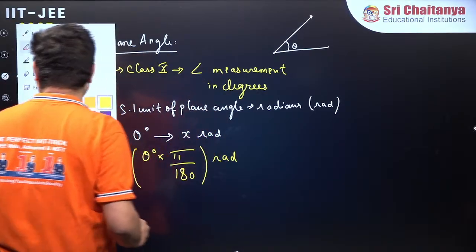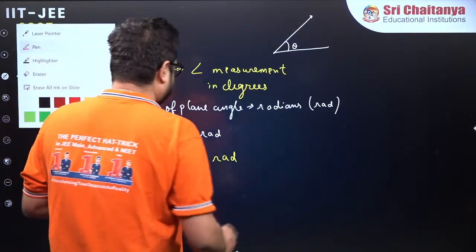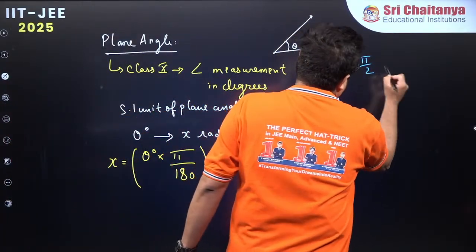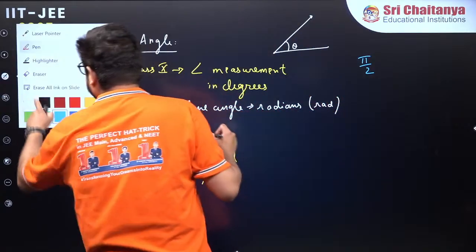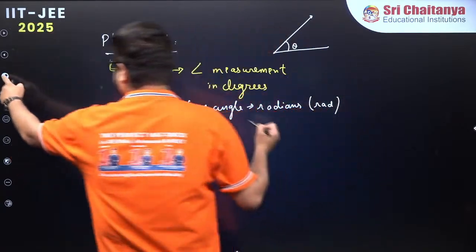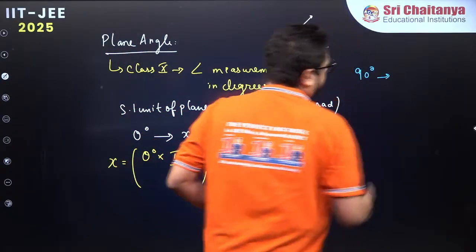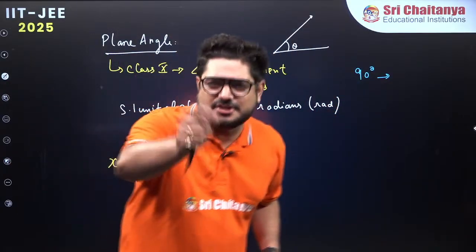I will give you an example, the simplest example. Let's say I'm having 90 degrees and we need to find the equivalent radian version of 90 degrees.